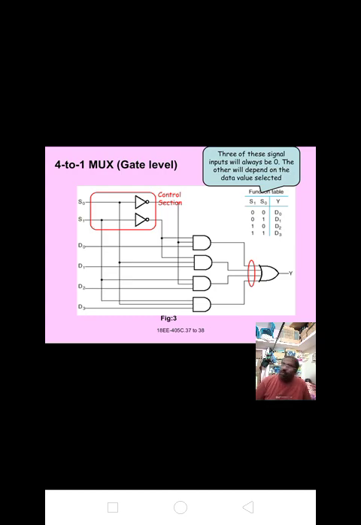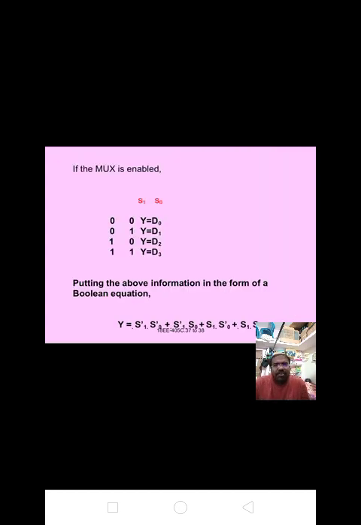There is only one single output, that is y equal to data output. Here the representation is the same as the first one. The truth table is also the same, but here there are 3 select inputs, S2, S1, S0, and the data inputs D0 to D7.